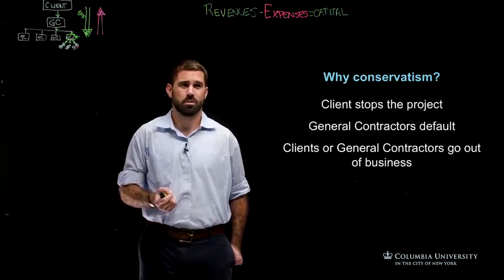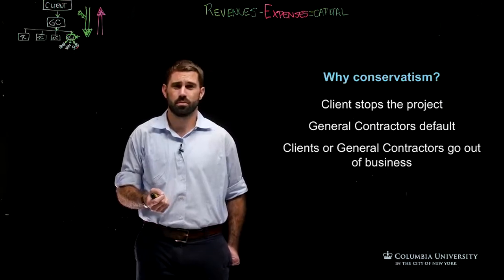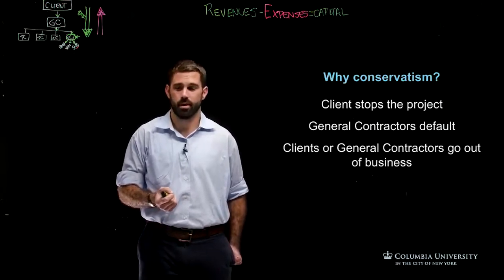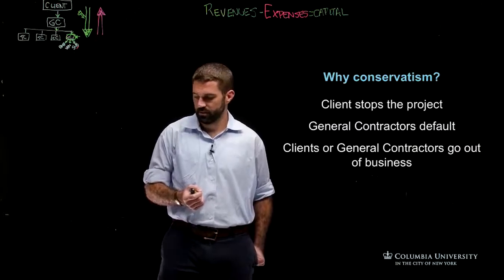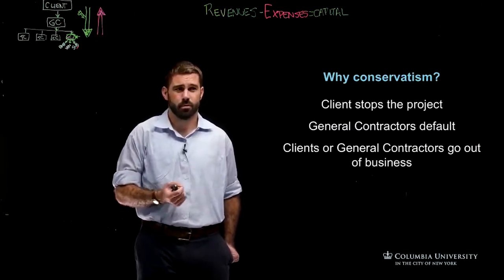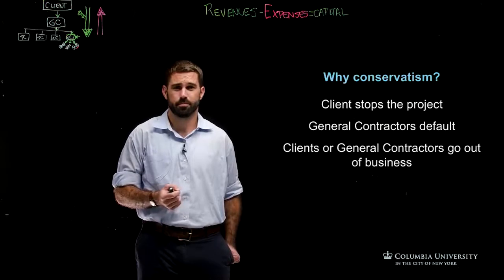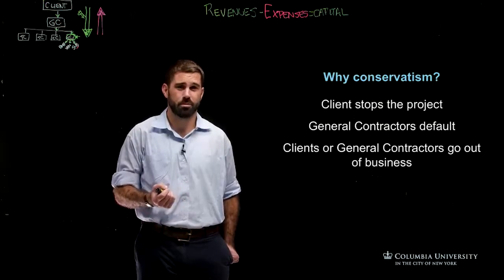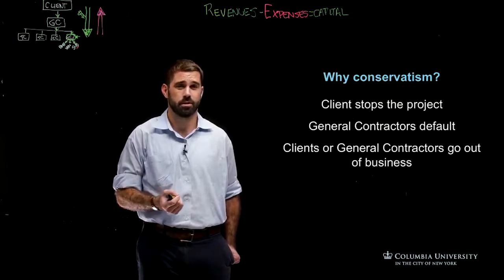Or also in 2008, we saw clients and general contractors go out of business. How's this happen? Well, for general contractors, it was simple. The economy was bad. Like I said, projects got stopped, so there was a lot more competition.